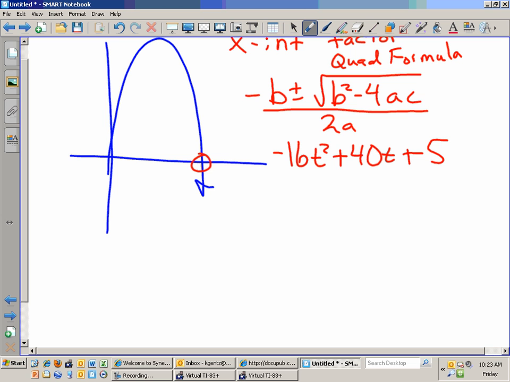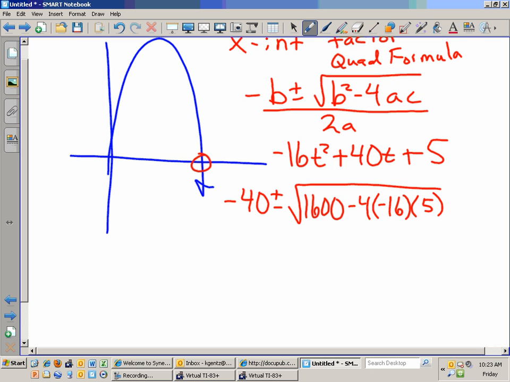What is negative b plus or minus square root of b squared? 40 squared is 1,600. Minus 4 times a is negative 16. C is 5. Divided by twice my a value, or negative 32. How many negatives are underneath your square root sign? 2. So it could be plus or minus. It will be plus because there's 2. They will cancel each other out.